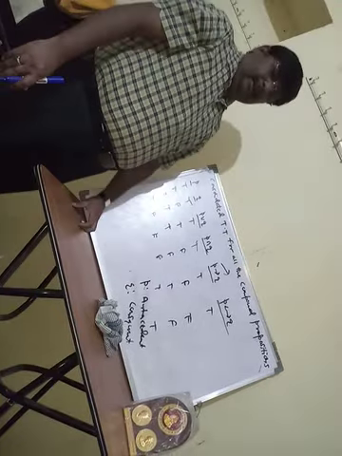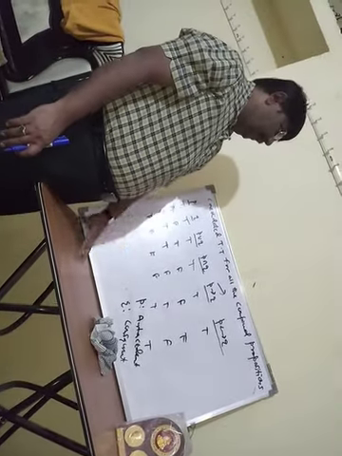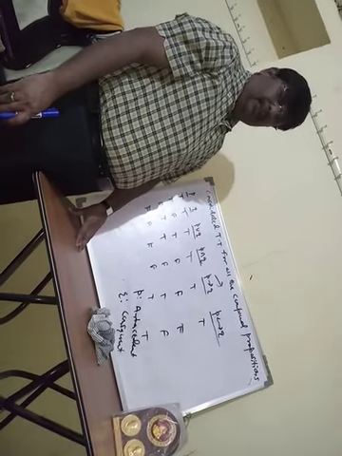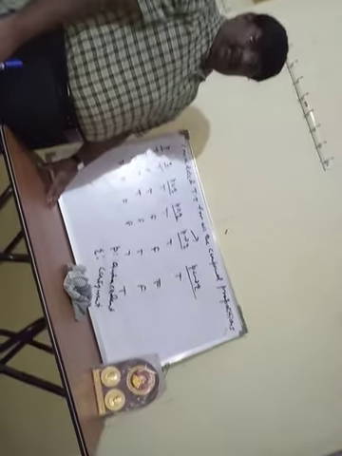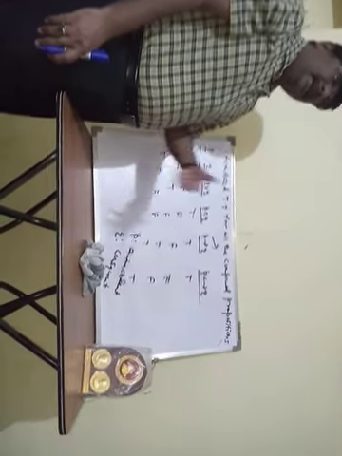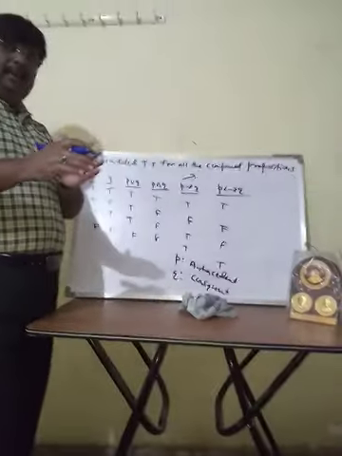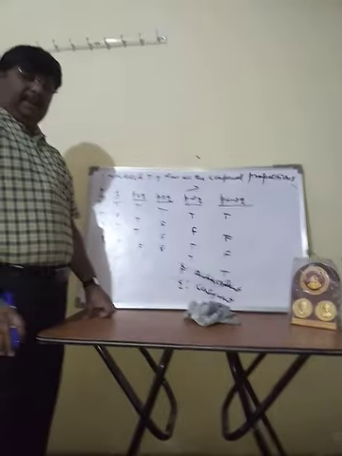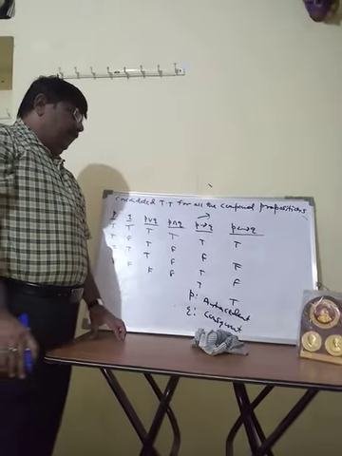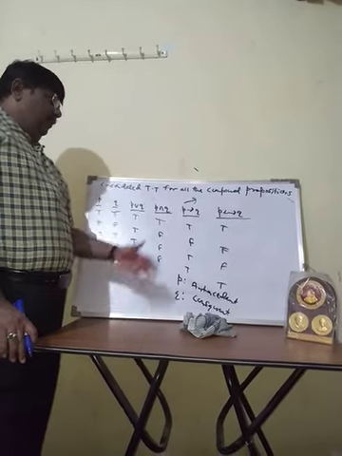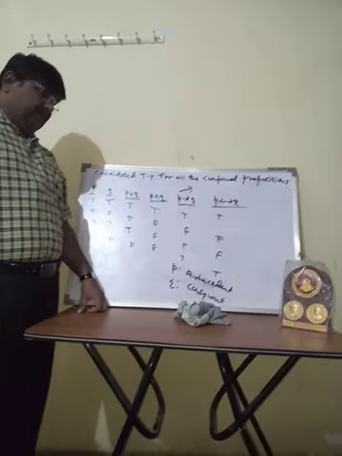Then a few more basic concepts are there in mathematical reasoning: tautology, contradiction, and logical equivalence. These three concepts will be taught in the next class with previously asked JEE questions.